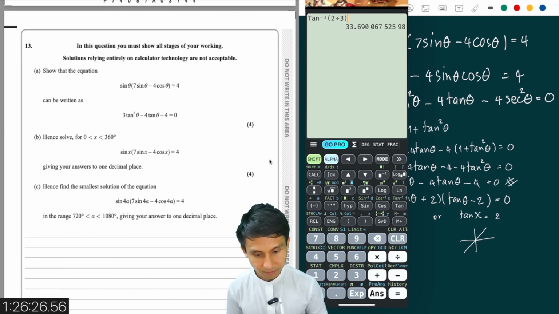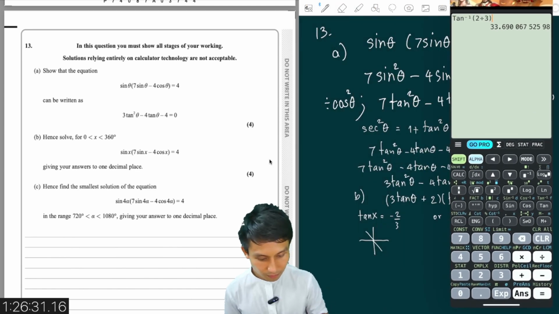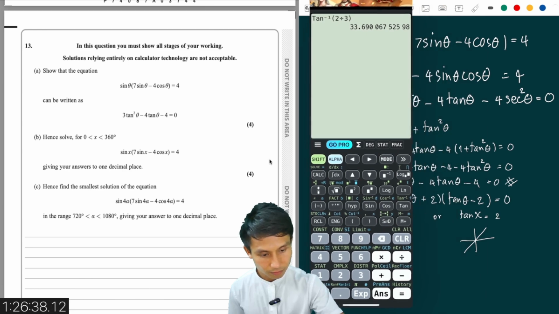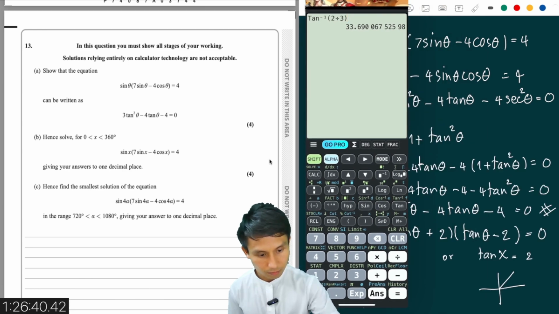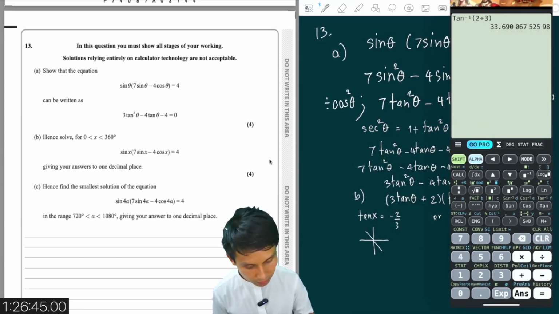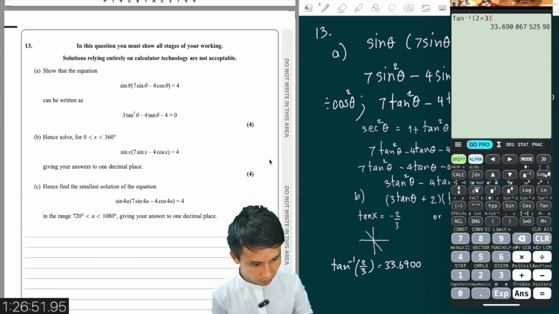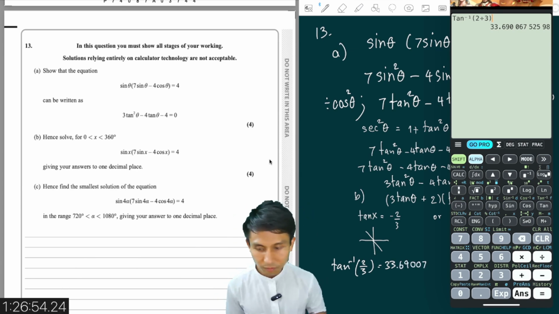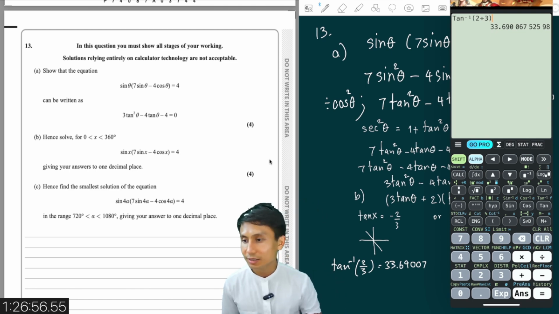So that's 33 point something, so the principal angle is 33.69007. But the angle we want here is in the negative quadrants, which is the second and the fourth.